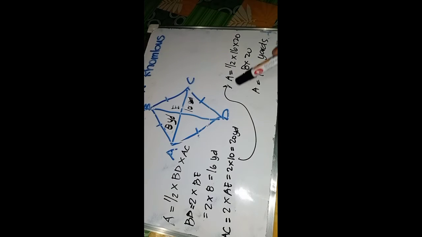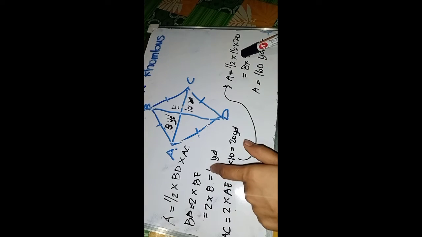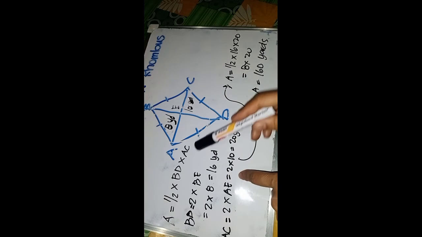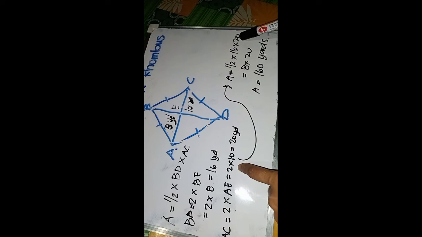So this is our formula of the rhombus. Area of a rhombus equals 1/2 times BD, that is 16, times AC, that is 20. So equals 1/2 times 16, that is 8, times 20, that is 160 square yards, the area of the rhombus.